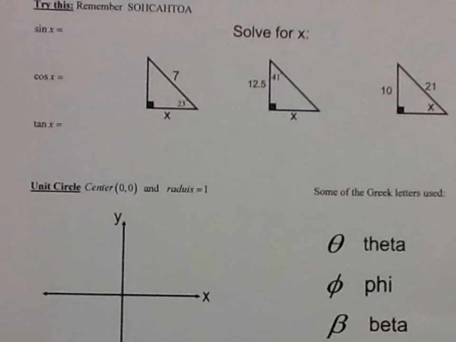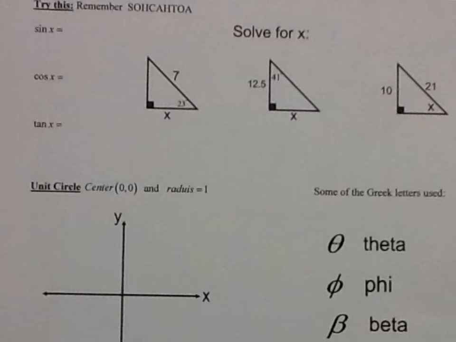So you probably learned what sine, cosine, and tangent are equal to, how to remember these ratios as SOHCAHTOA. The S in SOH is for sine, the C is for cosine, and the T is for tangent.